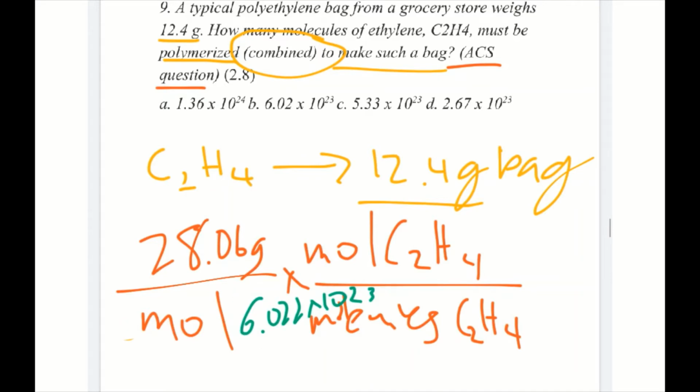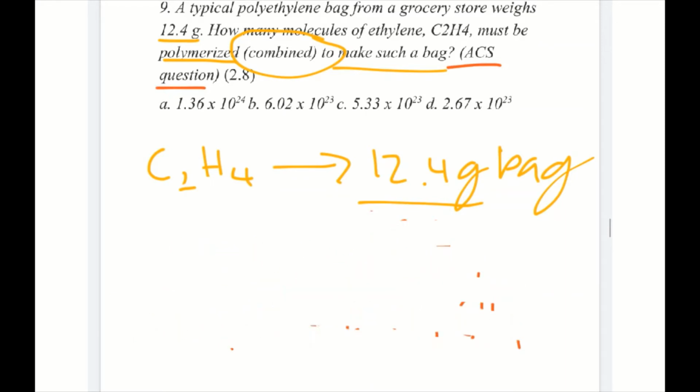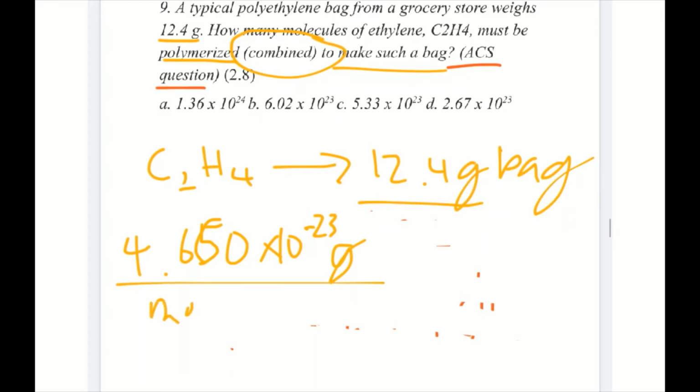So I got an answer of, well, let me erase this first, an answer of 4.660 times 10 to the negative 23rd grams per molecule of C2H4.